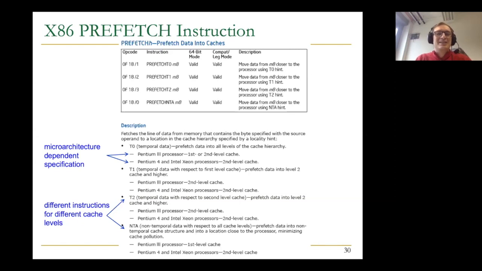But this is the disconnect between the hardware designer and clearly the software designer, because you have to make a choice at the hardware design, and the hardware designer may trust themselves more than the software designer, right? But again, this is something that's not very easy to fix unless you have a better interface between hardware and software.